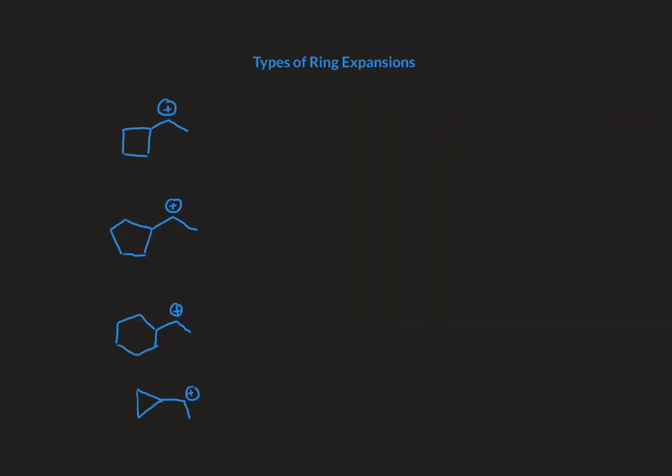There are two different types of ring expansions that we're concerned with. The first one we saw on the previous slide was a 4-membered ring expanding to a 5-membered ring, to give us this intermediate, which then could have undergone another hydride shift to give us the more stable tertiary carbocation.